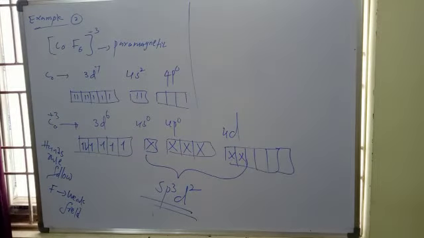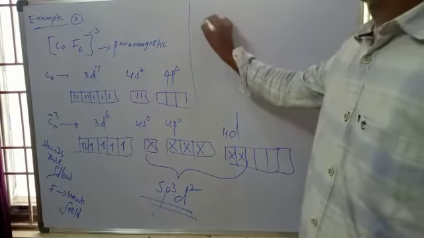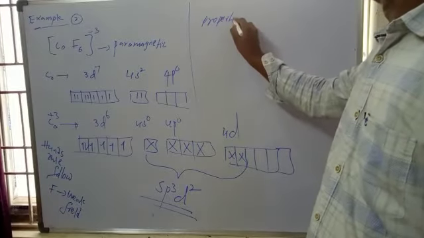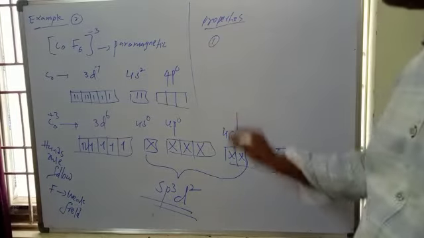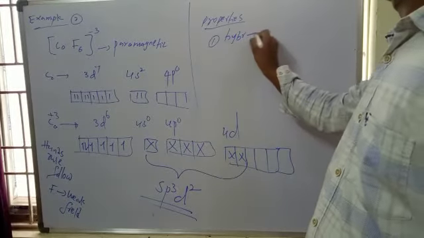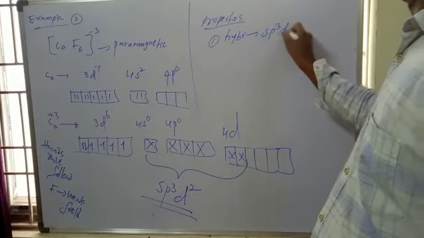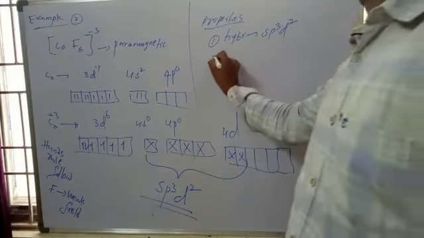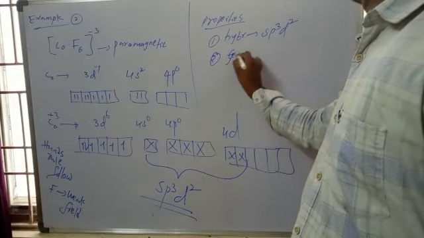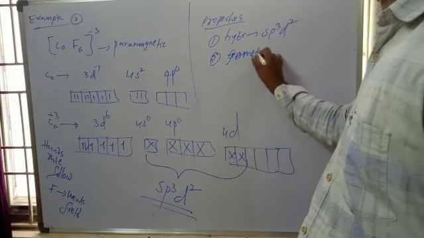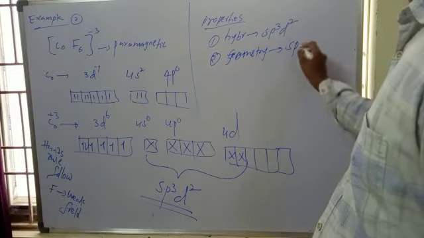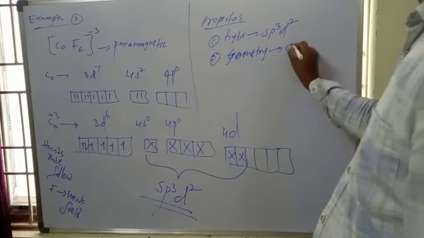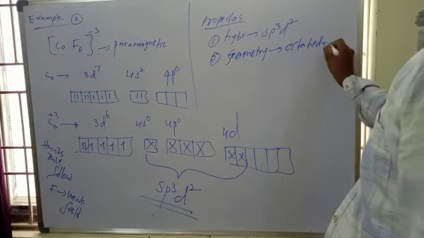The properties of this complex: number one, hybridization is sp3d2. Whether sp3d2 or d2sp3, the shape is fixed. Number two, geometry is octahedral, there is no change.